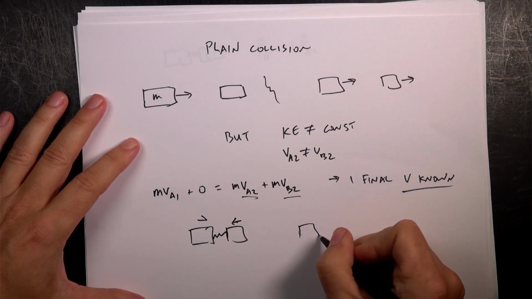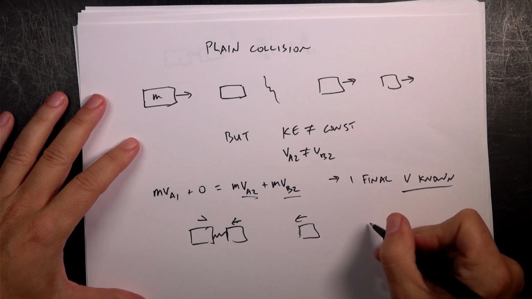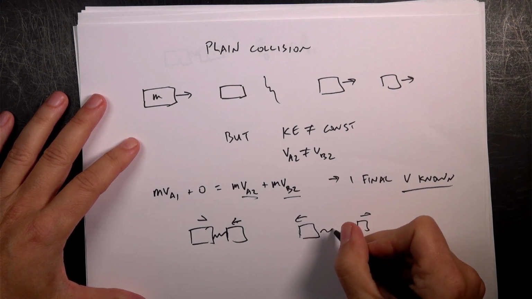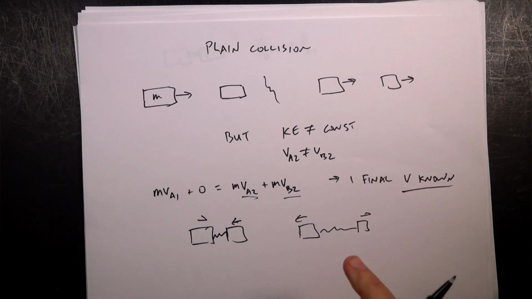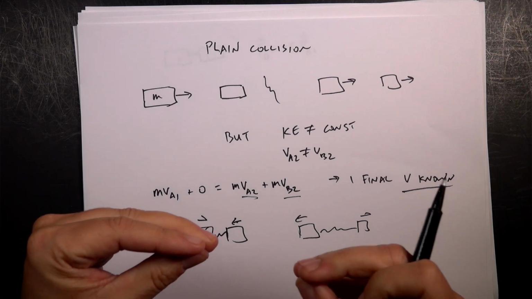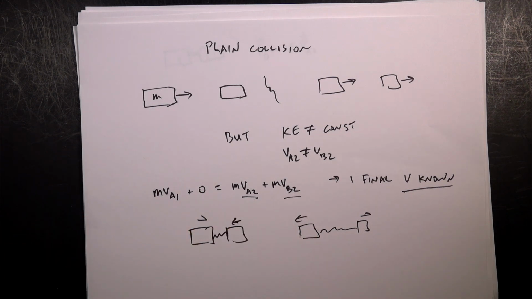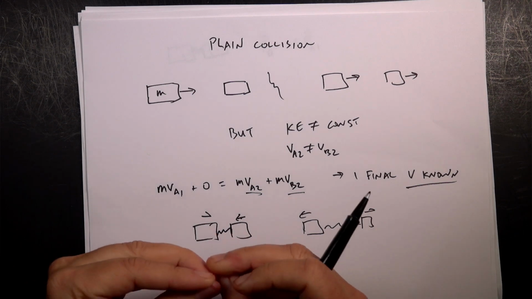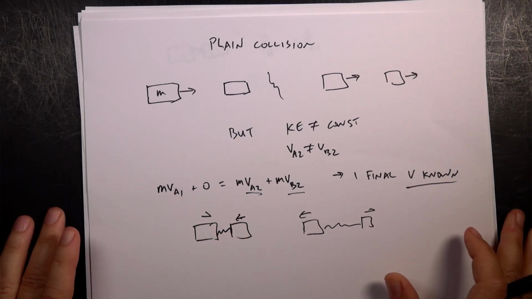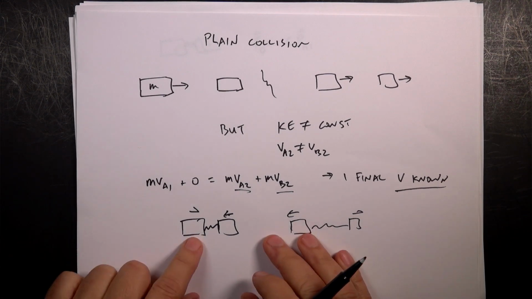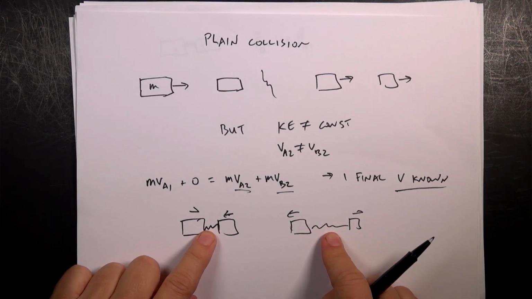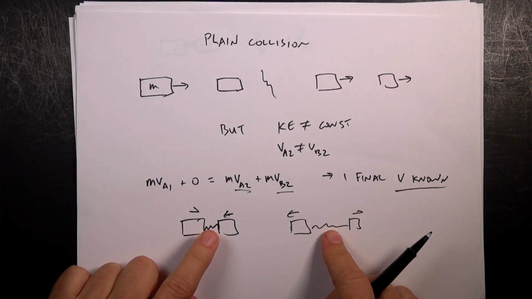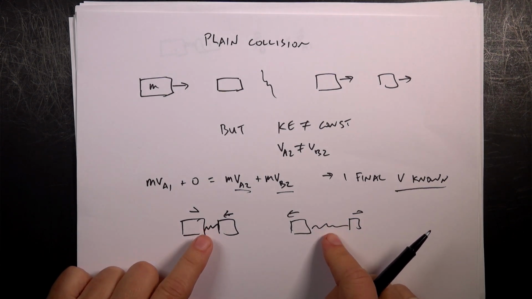But once they move apart from each other, I'm going to have a weak spring. So if I change the spring constant depending on whether they're moving towards or away from each other, then the energy stored in the spring will not be the same for compressing and uncompressing, and so I lose some energy. So momentum will still be conserved as long as this force acts equal and opposite on the two masses. That's all I need.